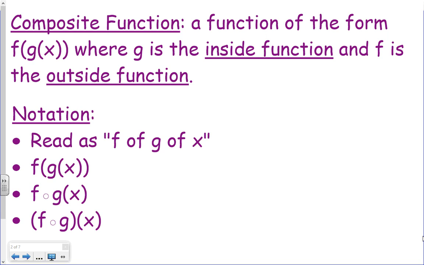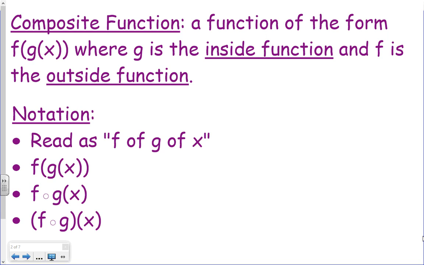There is actually a symbol or an operator that we use to represent a composition in mathematics, and this is it. It's that little open circle that you see there. F composed with g of x is what we see in that third bullet. Or you can put the composition in parentheses first and say f composed with g of x is the same thing.